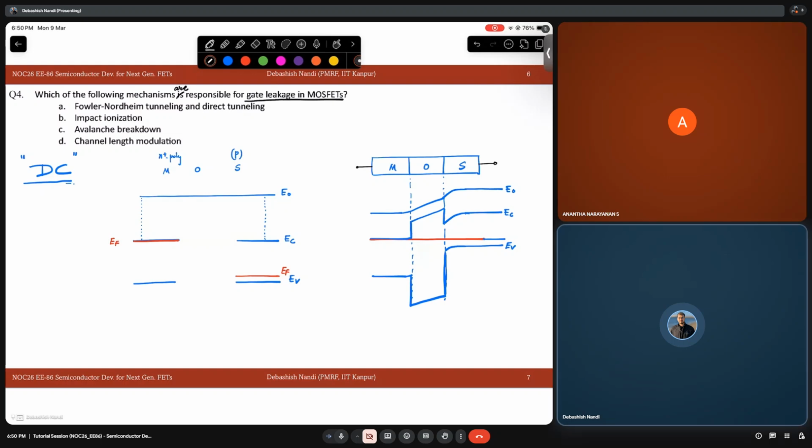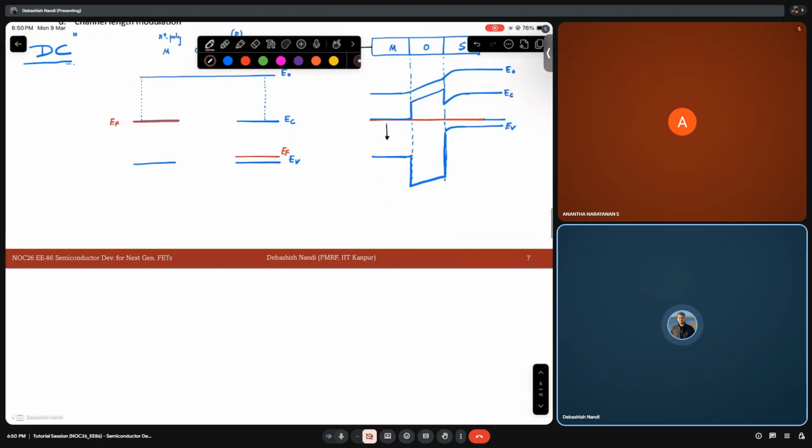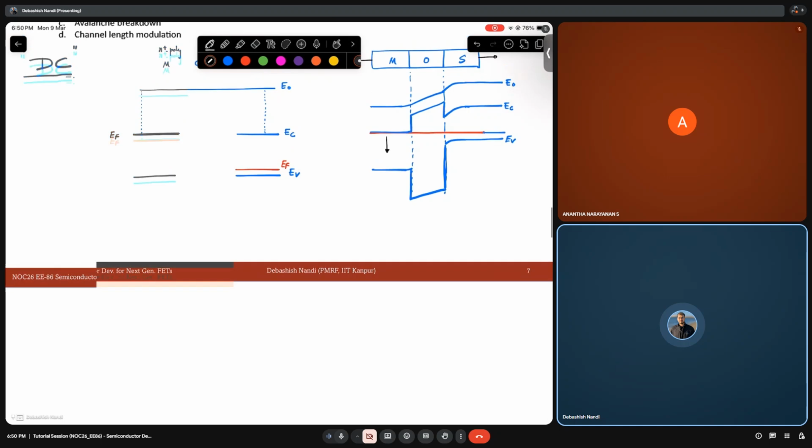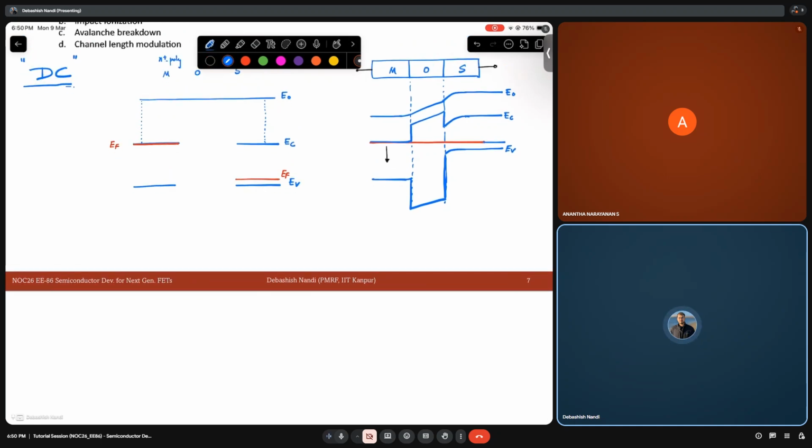Now let's say you are reducing this further down, and you have applied some sort of bias. So let's talk about only one band. So this is like this, and something like this.